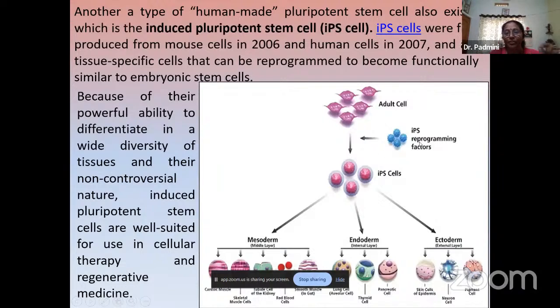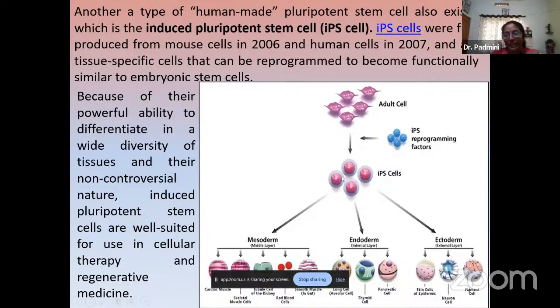That is, there are some factors that you can add to them: MYC, KLF, SOX, then you have OCT factors over there. There are different types of chemicals that are going to be used, so that when you use these, you induce them to form iPS, the induced pluripotent stem cells.